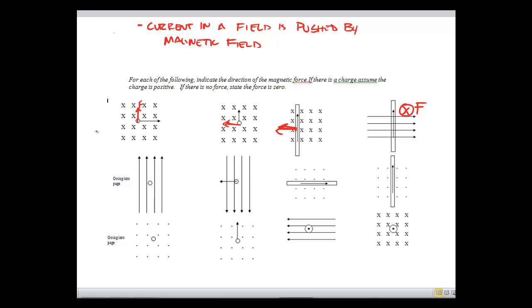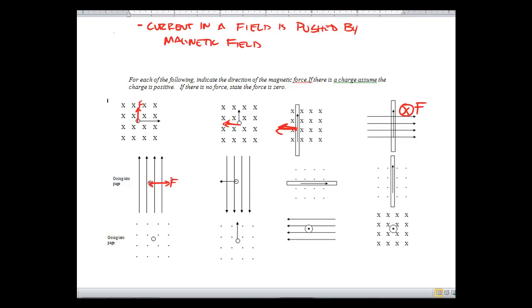So now we have current going into the page right here. The field is up, and that force is going to be to the right. And here we have a charge moving to the left.